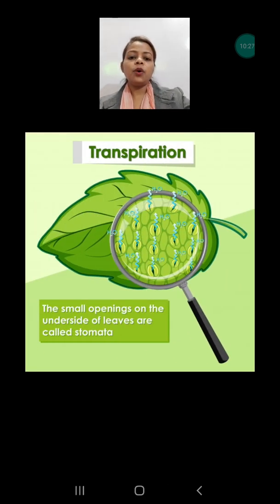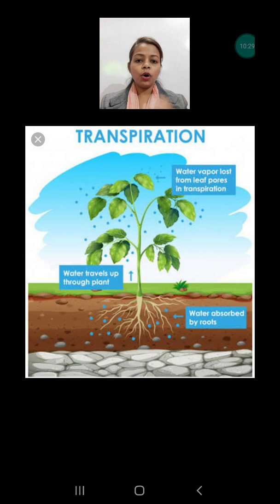As you all know, stomata are small pores present on the downside of the leaf, and they open when the water vapor has to be released from the leaf. Then the stomata open, and with the help of these stomata the extra water is removed from the plant. After absorbing water from the ground, it is transported to each and every part of the plant.